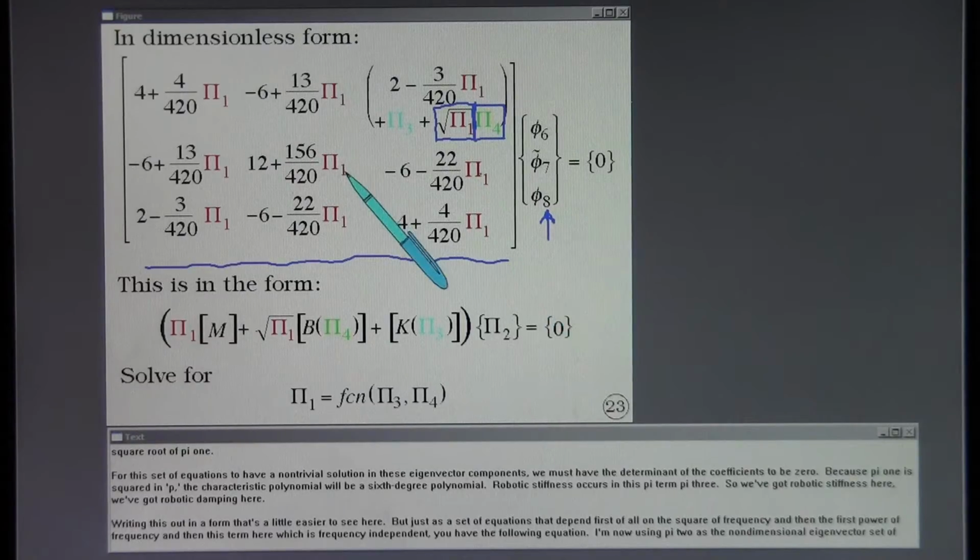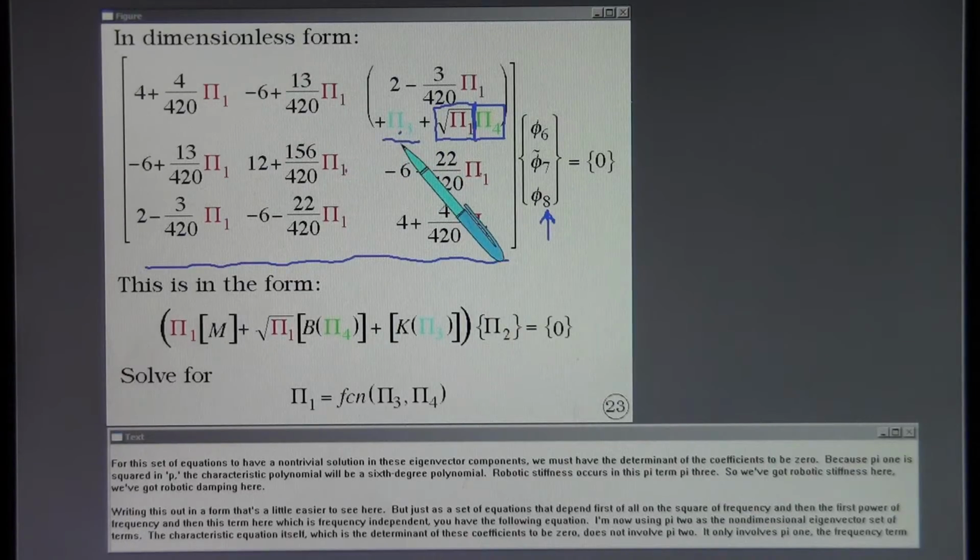Because the pi 1 is squared in p, the characteristic polynomial will be a 6th degree polynomial. The robotic stiffness occurs in this pi term, pi 3. So we've got robotic stiffness here, we've got robotic damping here.